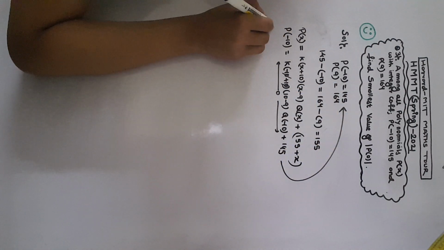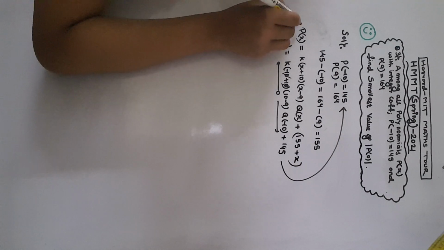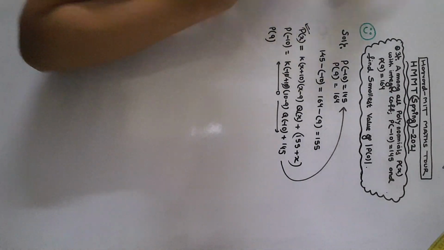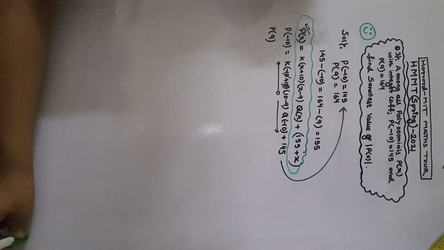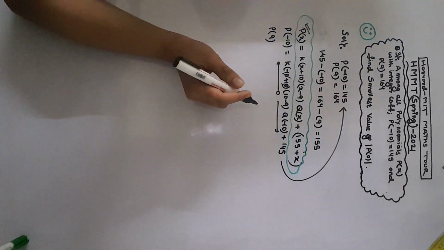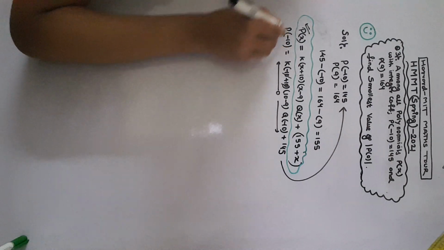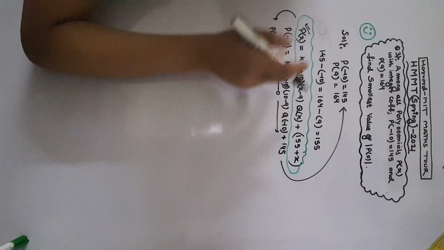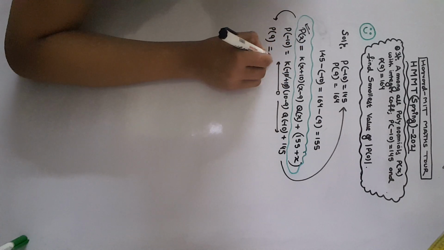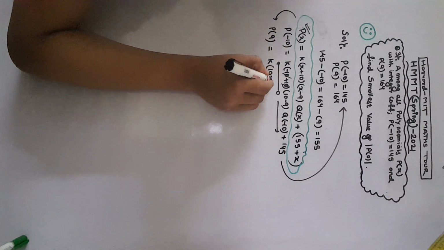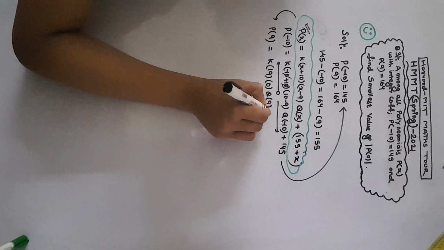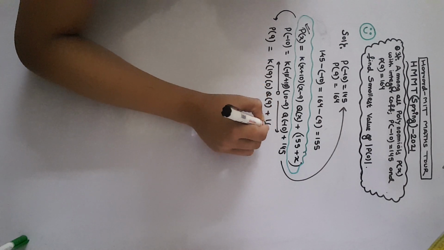Correct? So just like that, this is our required expression with which we will work further. When we put 9 in this expression, or replace x with 9, this will return k multiplied with 9 plus 10 is 19, 9 minus 9 is 0, multiplied with Q(9), plus 155 plus 9, which is actually 164, right?